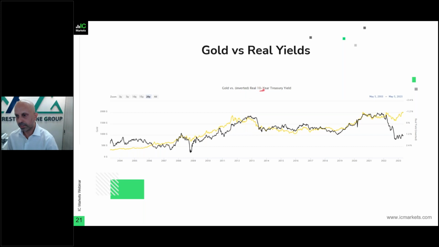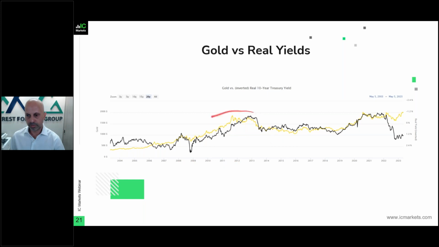The real 10-year treasury yield is plotted on an inverted y-axis. So on the right-hand side is the y-axis for real yields, which is an inverted plot. It goes from negative 2.4 at the top to positive 2.4 at the bottom.